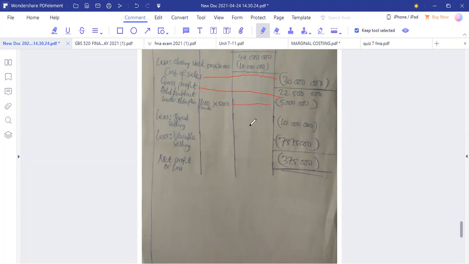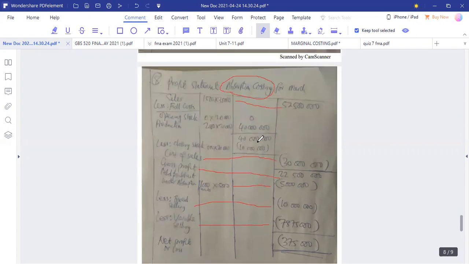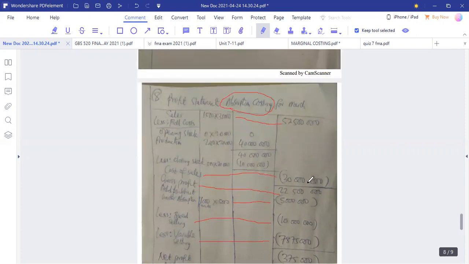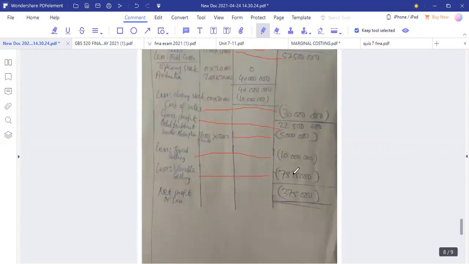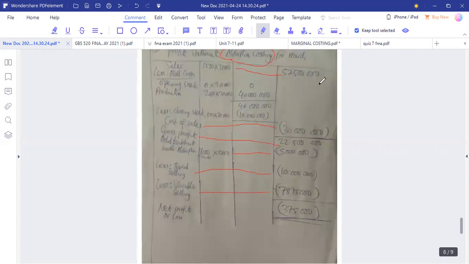Less the fixed selling, which was 10 million, less the variable selling of 7,875,000. If we can see here, the variable selling was 15% of 52,500,000.